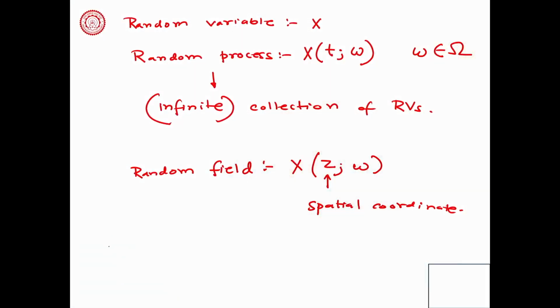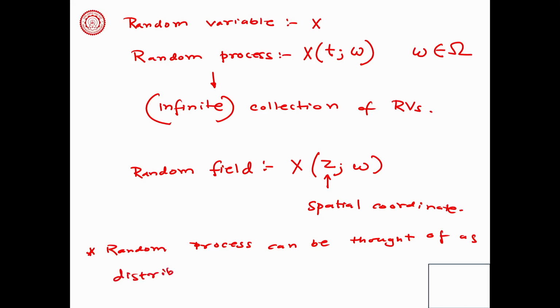So, a random process can be thought of as a distribution over functions, right.